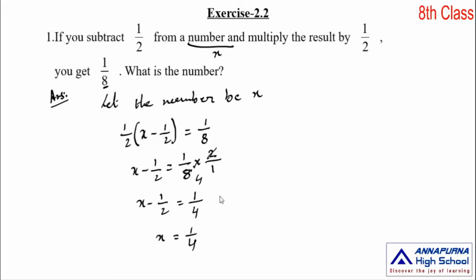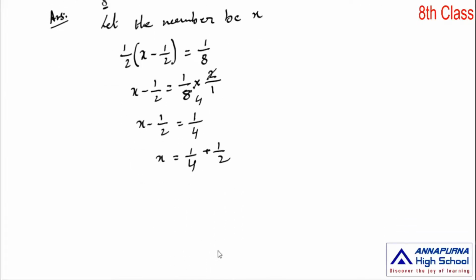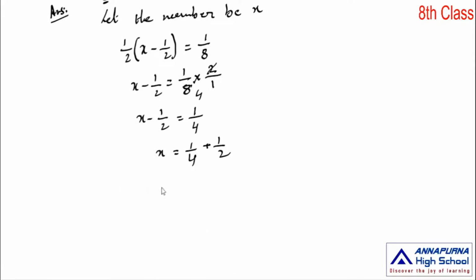So when you transpose it to the right side, minus 1/2 changes to plus 1/2. So x is equal to 1/4 plus 1/2. Find the LCM. LCM is 4 and the numerator is 1 plus 2. So x is equal to 3/4.